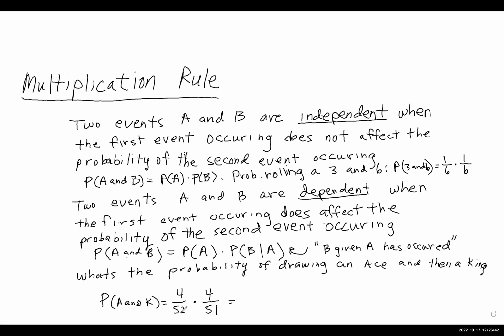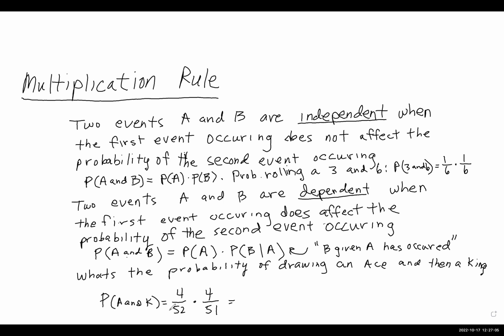Down here with the cards, you've reduced the size of the deck. So can you see the difference? Yes. It really happens in the sample size. The difference happens, well, sometimes the numerator and the denominator, but it definitely happens in the denominator.